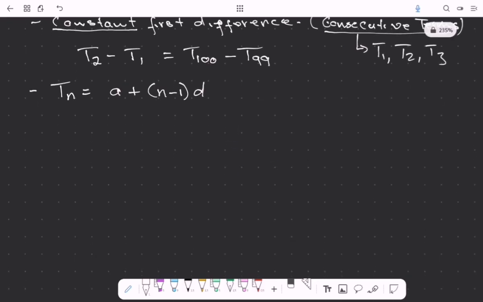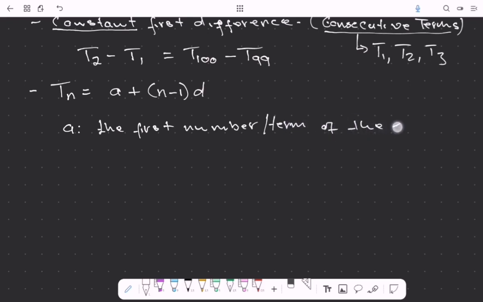All right, so let's start with A. What is A? A in the arithmetic sequence is the first number, or the first term, of the sequence.